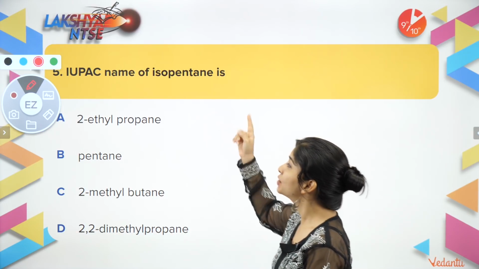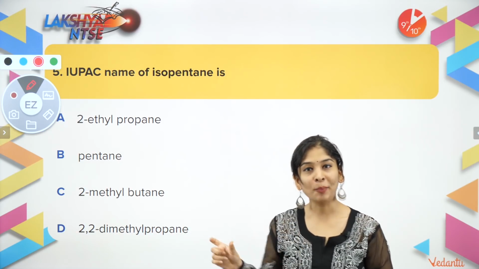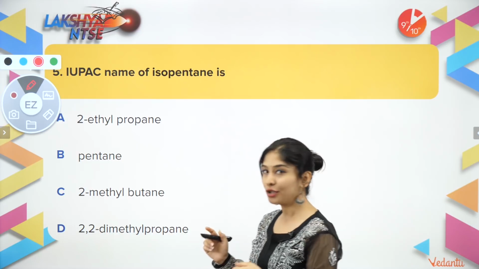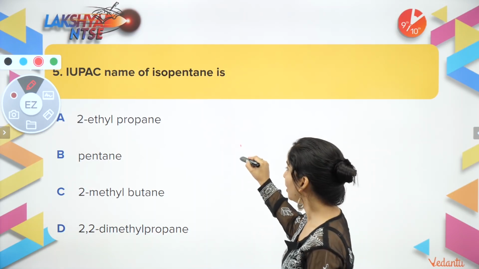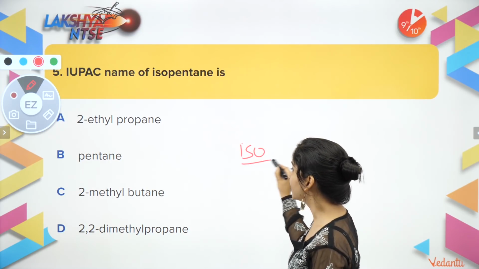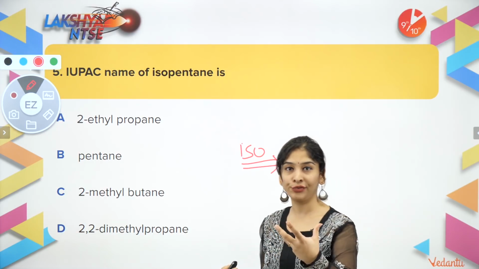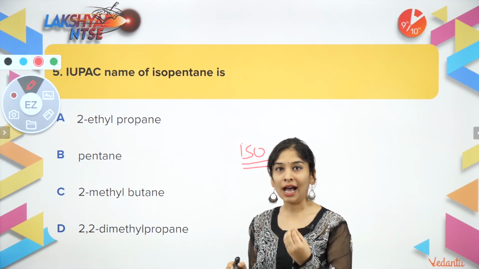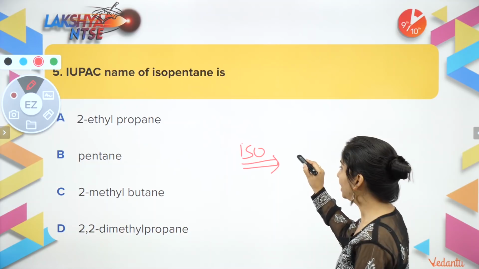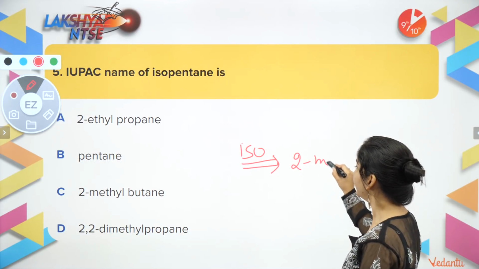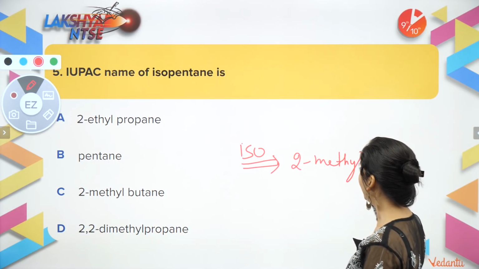IUPAC name of isopentane. So what is isopentane? That's a common name. So you should know when we use iso. Very important, please listen to me very carefully. When do we use iso? When you have a 2-methyl alkane, okay?